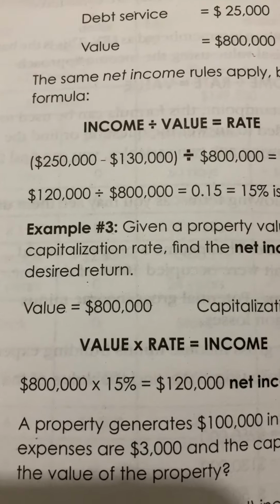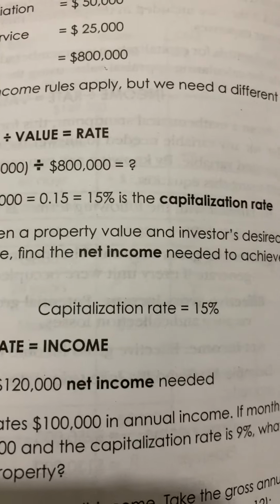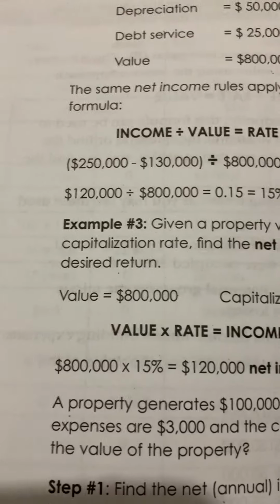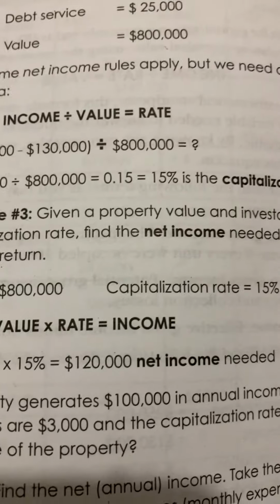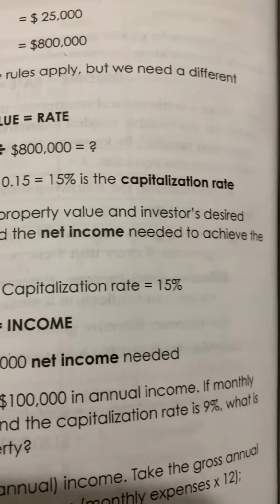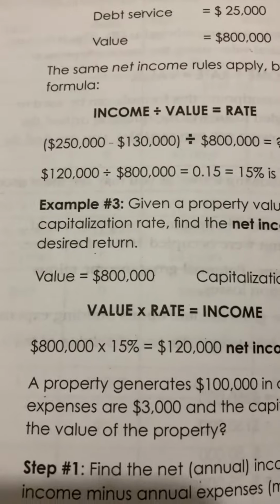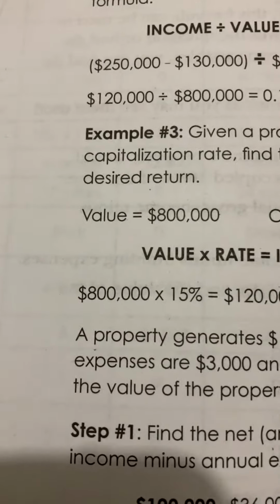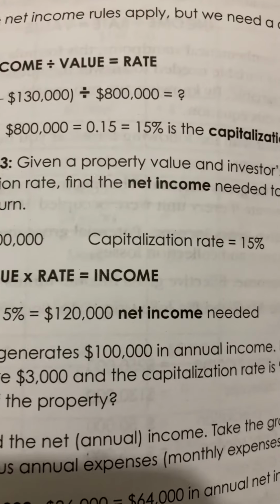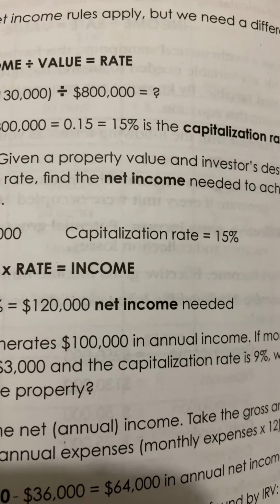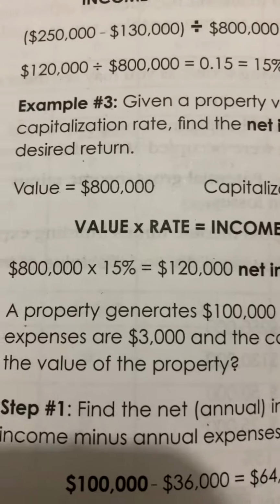Example number 3. Given a property value and investors' desired capitalization rate, find the net income needed to achieve the desired return. Value equals $800,000. Capitalization rate equals 15%. Here's the formula.